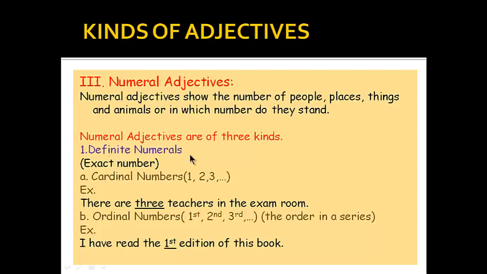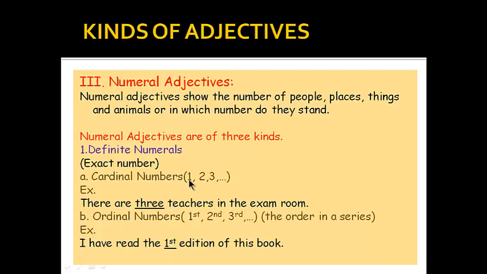The first one is definite numerals. As you see, the name refers to something that is exact. So definite numerals are exact numbers. They are further divided into 2 categories: cardinal numbers and ordinal numbers.